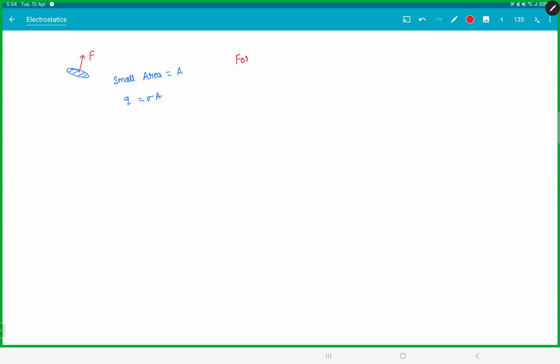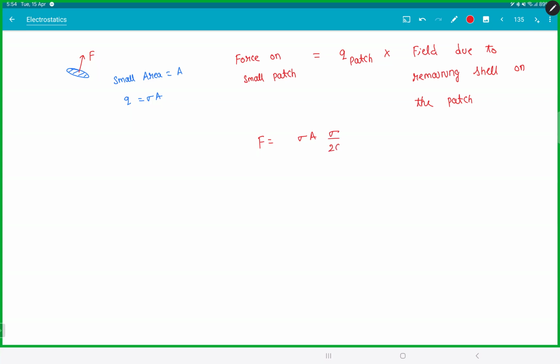This force on the small patch is the charge on the patch into the field due to the remaining shell on the patch. You should not take the total field. So force is equal to sigma into area, times the field due to the patch, which is sigma by 2 epsilon. If you divide force by area, we get sigma square by 2 epsilon. You can remember this result.